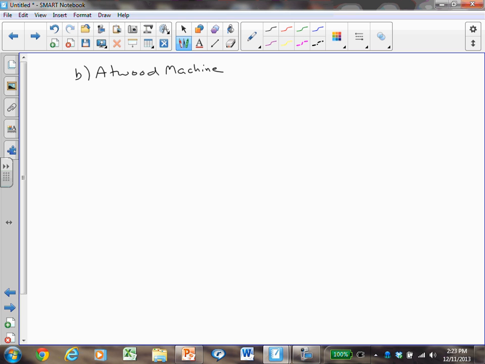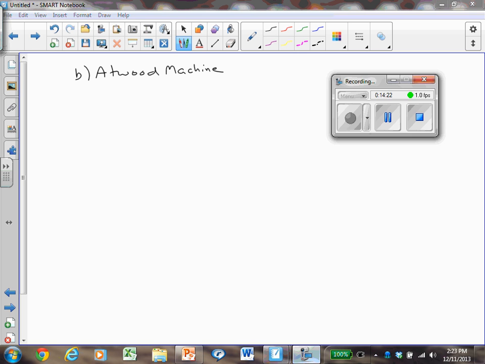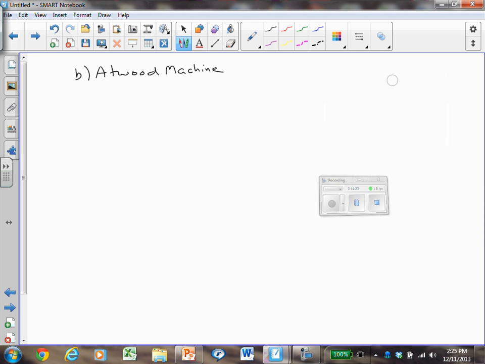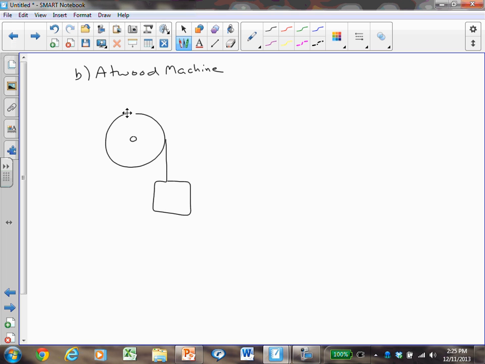But an Atwood machine is just a pulley over which a string is passed and connected. With an Atwood machine, the pulley system, and one mass connected to another larger mass, say 20 kilograms and 12 kilograms for an example.